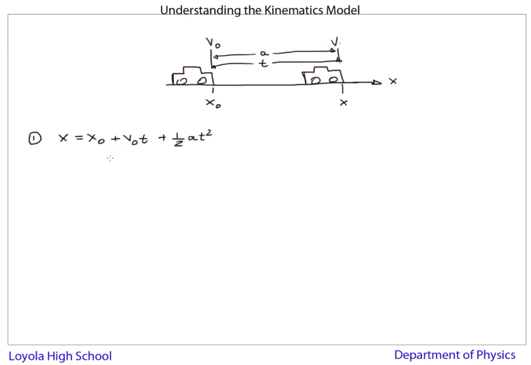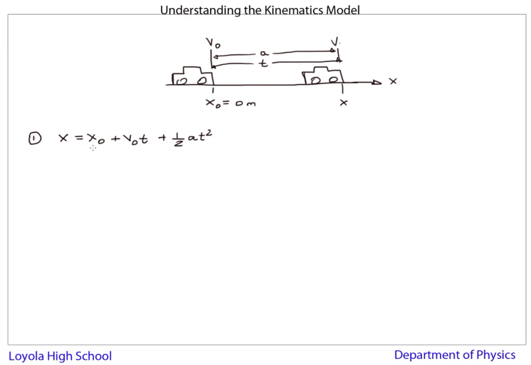And what this says is the following. If I know where I start, x0, which 99% of the time is 0 because that's where I start measuring things. If I know where I'm at initially and I am initially going some velocity, v0, so if I'm already moving, this can also take care of the case when I'm actually starting from rest, in which case it'd be 0, like I'm at a stoplight.